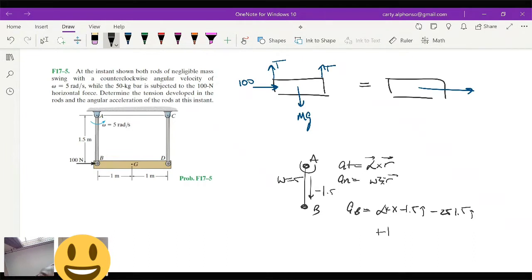So it's going to be positive 1.5 alpha in the i direction minus 25 times 1.5, which is 37.5, in the j direction. That's the acceleration of B.